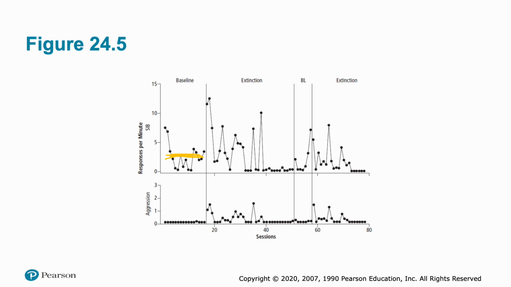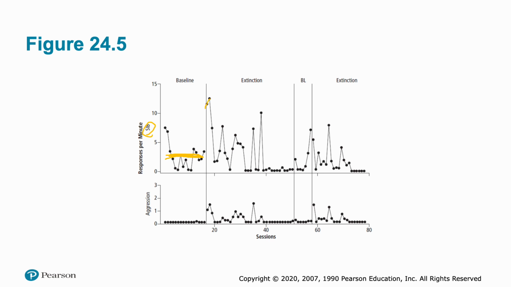The behavior in this case is self-injurious behavior, SIB, which in the field of behavior analysis we use the letters SIB to denote. So here's our level of self-injurious behavior during baseline.